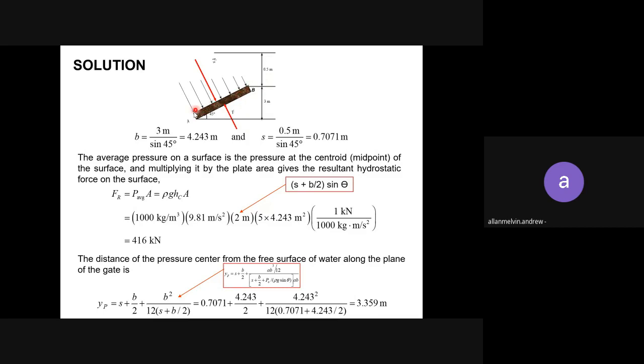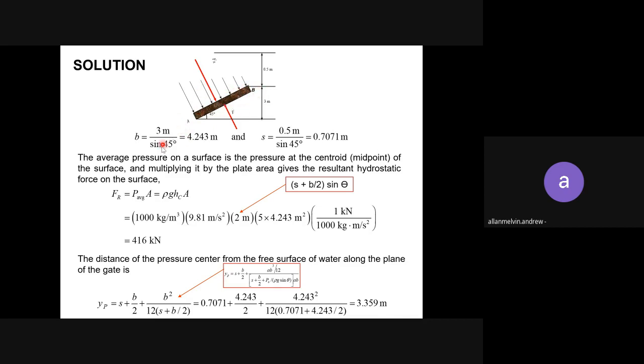Also the length from point B to point A. You need to do trigonometry because the length is not given; only the height and the angle are given.